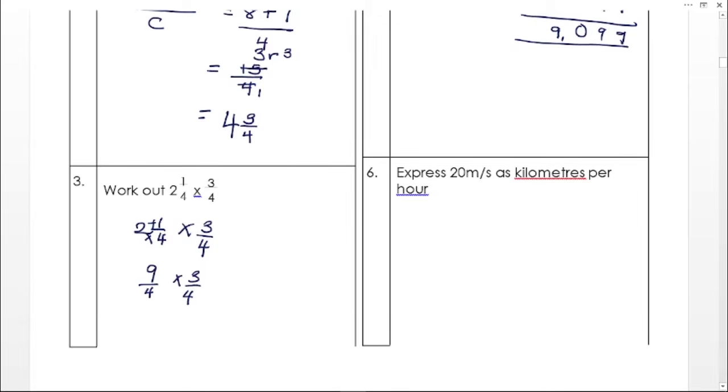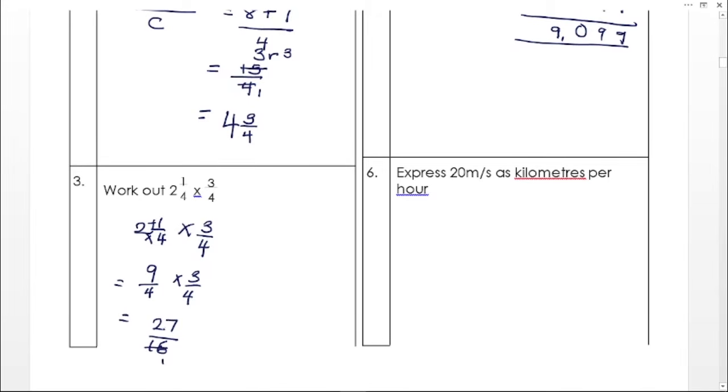These numbers don't have common factors, so we are going to multiply numerator by numerator, denominator by denominator. 9 by 3 is turning out to be 27 out of 16. This fraction is what we call an improper fraction, where the numerator is greater than the denominator. We don't leave it here, we have to make it a mixed fraction.